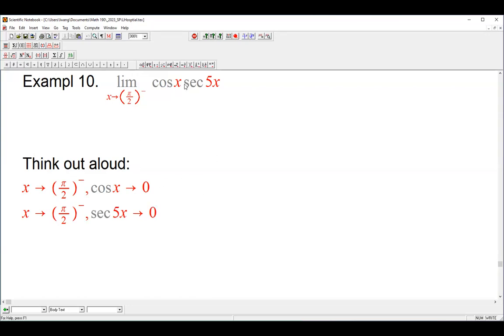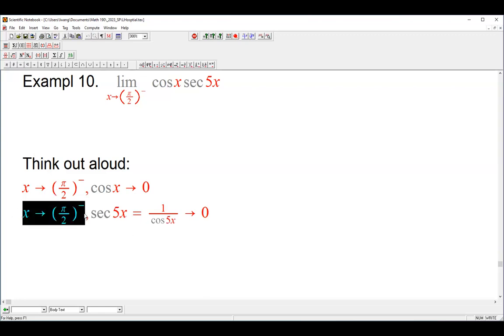So we have a 0 multiply 0 situation. No, wait. Let me show you another thing. Secant 5x equals 1 over cosine 5x.